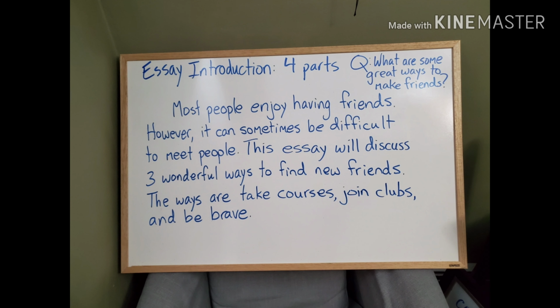And of course, the last sentence in the introduction is the list of your main ideas in a parallel form. That means the same form, same word forms. The ways are take courses, join clubs, and be brave. Okay? So those are the 3 main ideas. And of course, they're similar.